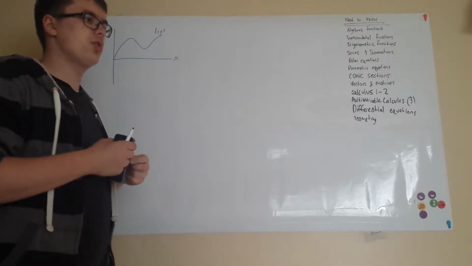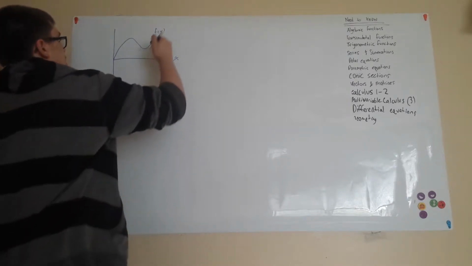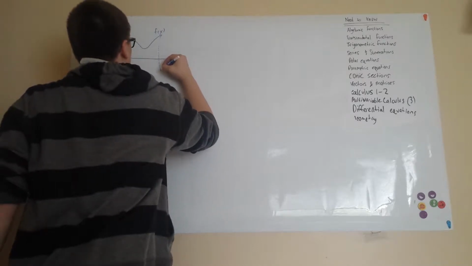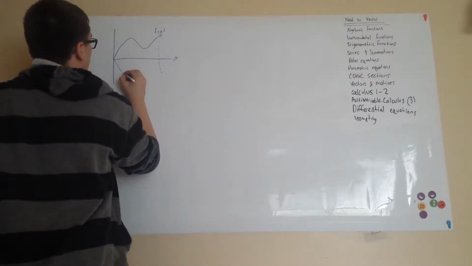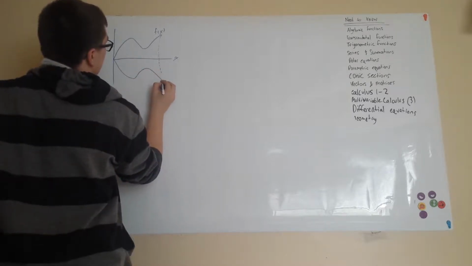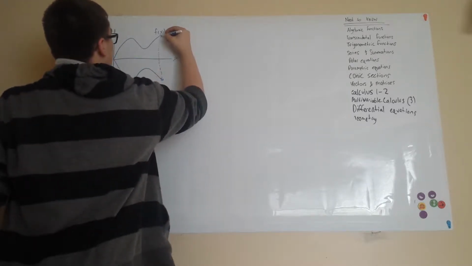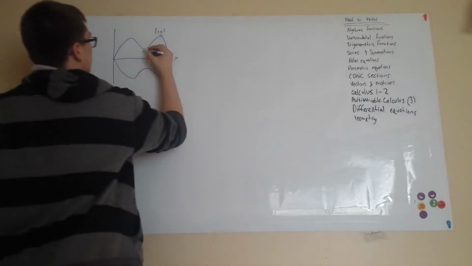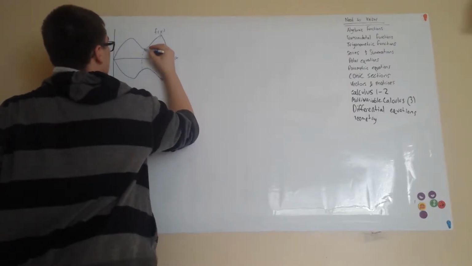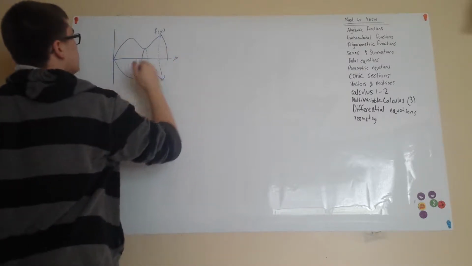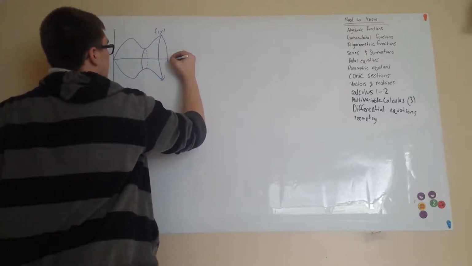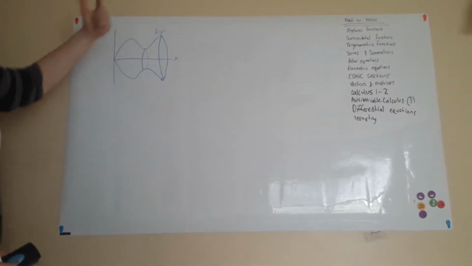So if you rotate the function, and I will draw this out if I can. So if I rotate it, it'll turn out to look like this. And if I rotated it enough, I'll end up with this shape that has been rotated around.